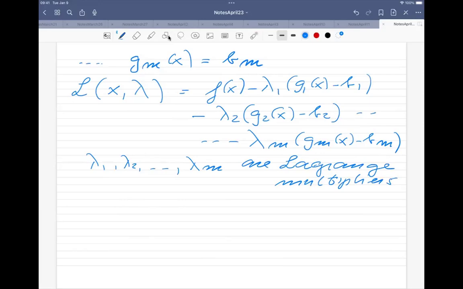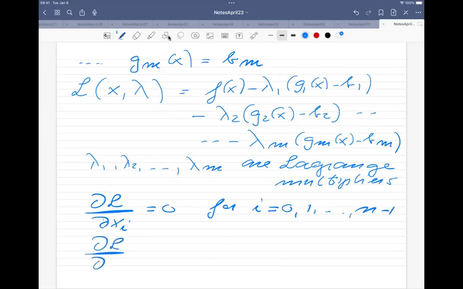So what we would do then, in the optimization part, we would find the gradient with respect to the x's, x of i, equals 0. And these x of i's take values from 0, 1, up to some n minus 1. And similarly, we would also take the derivatives with respect to lambda of j.